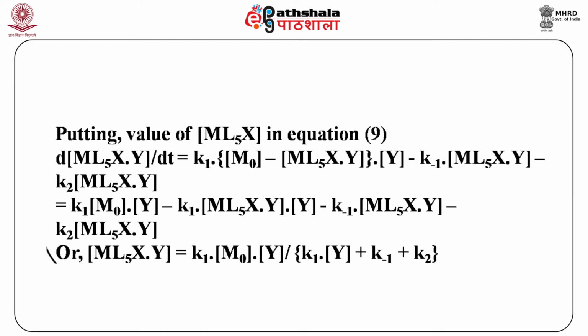Elaborating this equation, d[ML5X·Y]/dt would be equal to K1 into M naught into the concentration of Y minus K1 into [ML5X·Y] into [Y] minus K minus 1 into [ML5X·Y] minus K2 into [ML5X·Y]. So the concentration of ML5X·Y would become equal to K1 into M naught into Y divided by K1Y plus K minus 1 plus K2, at the steady state approximation.